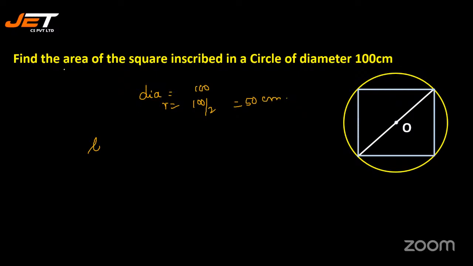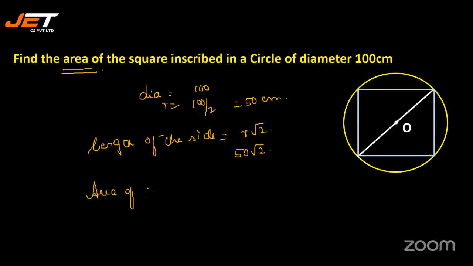So yes, see the question, area. So first let us find out the length. So what is the length of the side? R root 2. What is R? 50 into root 2. So what is area of the square? Side square, isn't it?